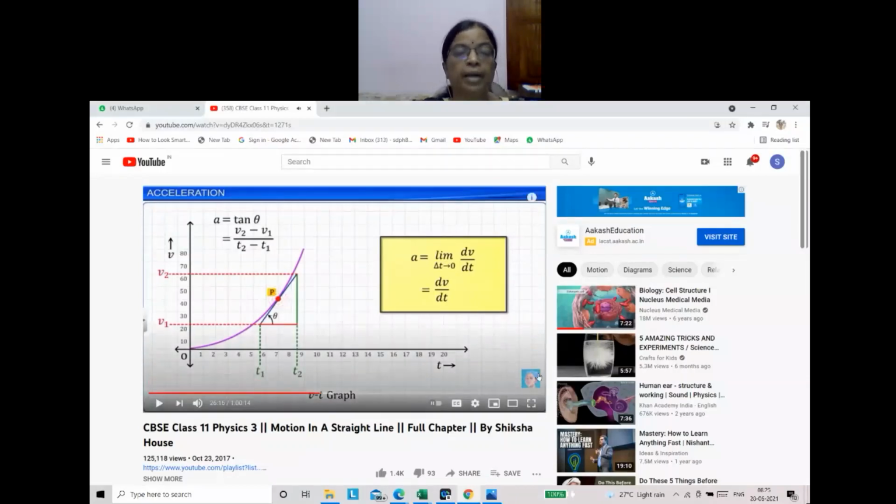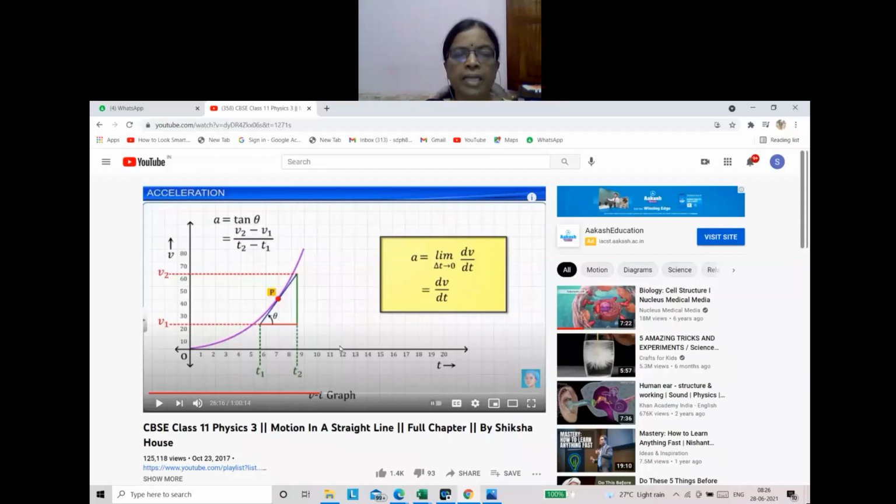See, last class I explained instantaneous velocity, how at an instant we found it from the xt graph, by drawing a tangent to that point, finding the slope of that tangent, and that gives the instantaneous velocity. From the xt graph we find instantaneous velocity.